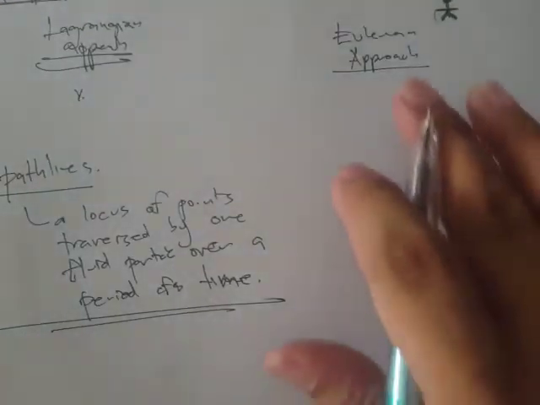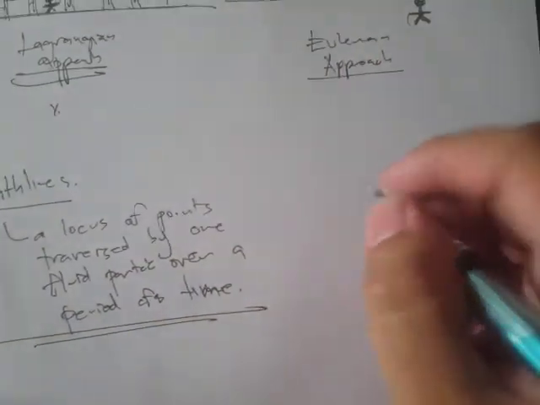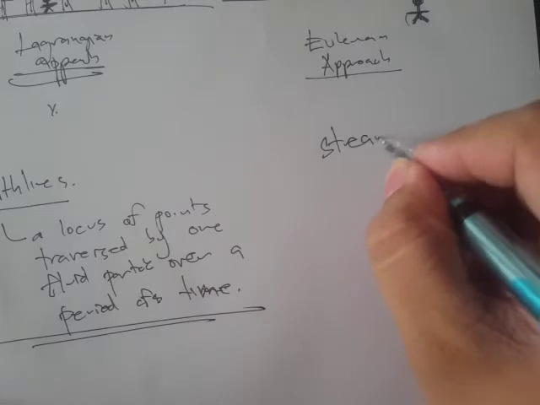And for this Eulerian approach, we use the concept of streamlines.